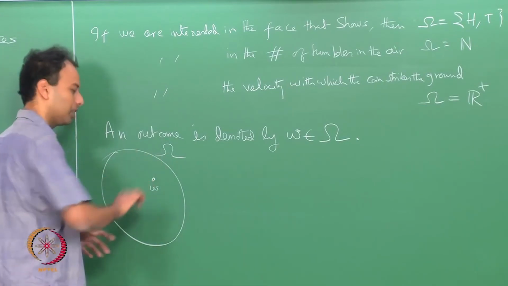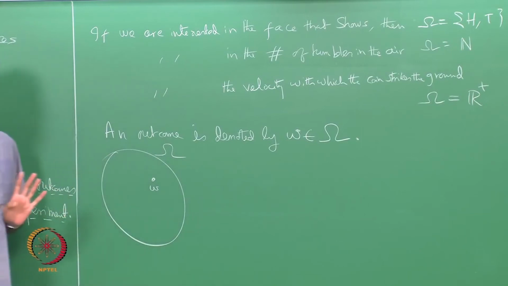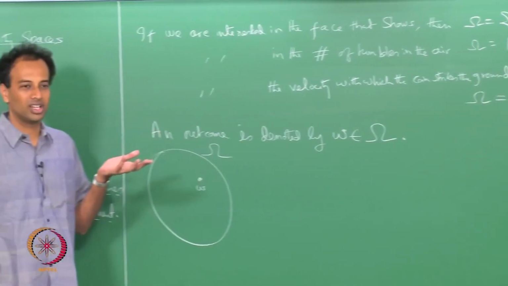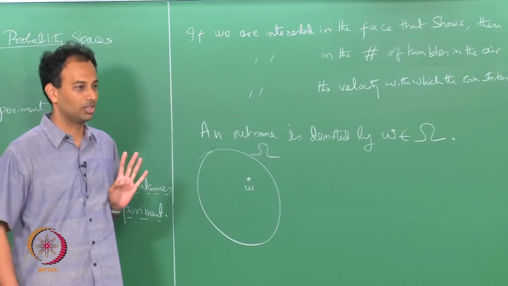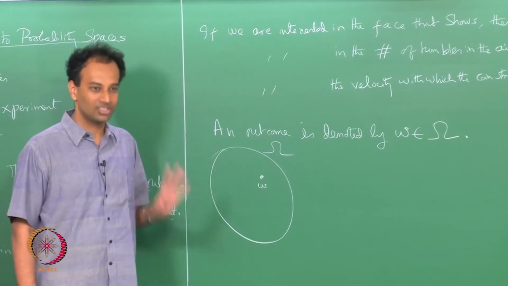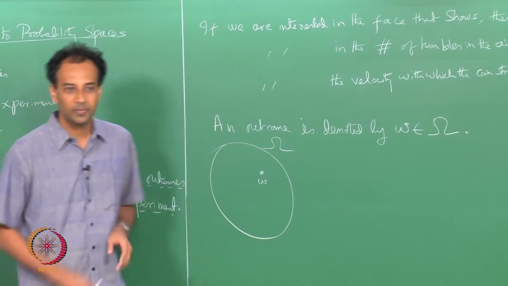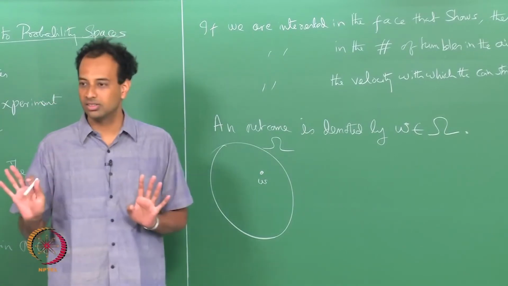Every time you run the experiment, a different little omega may be picked from the sample space, and this is the source of randomness in probability theory. This is the thing that you do not have control over.